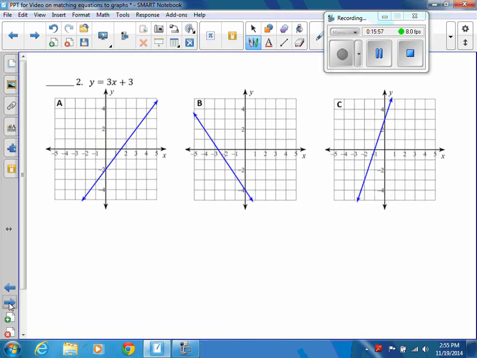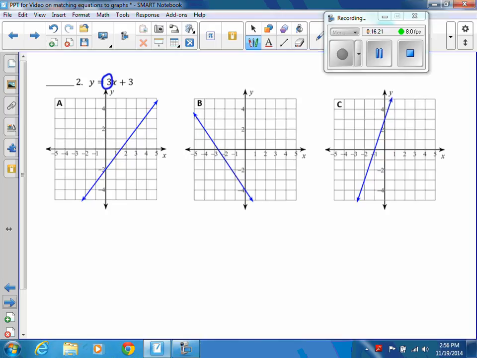Here's another one. Again, which answer would it be? A, B, or C? Okay, let's look at which one it's not. We know from our slope here, remember slope is the coefficient of x, that's the m, y equals mx plus b.